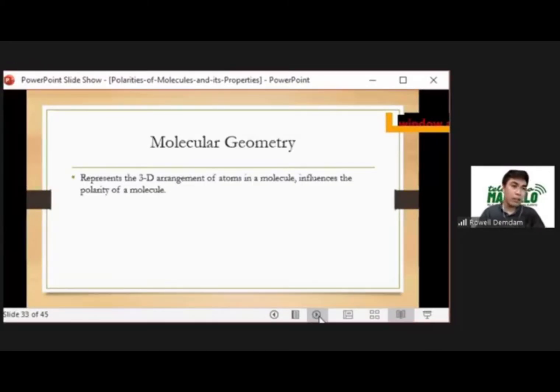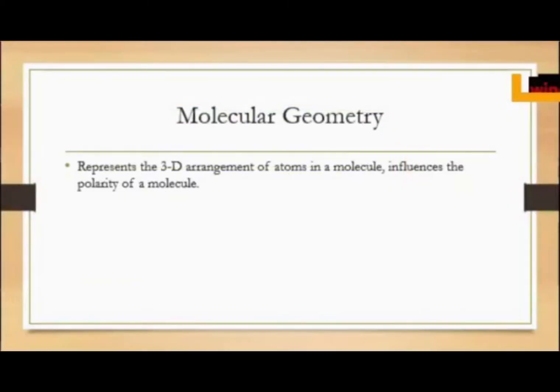Molecular geometry represents the 3D arrangement of atoms in a molecule, and it influences the polarity of a molecule, determined by the bonded and unbonded lone pairs of electrons surrounding the central atom. The molecular geometry affects the polarity of the whole molecule. A molecule assumes a geometry that minimizes the energy of repulsion between the electrons in the valence shell of the atoms.